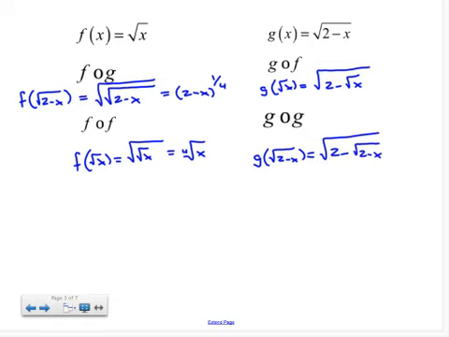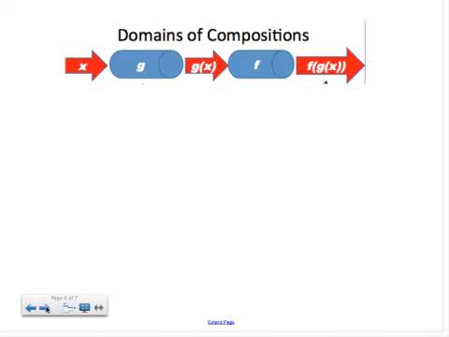Interesting compositions. Those aren't so bad, but what you really have to be focused on here is the domain of the final product. When you compose two functions, you're going to get this new function. And what's its domain? Well, here's the deal. Number one, you look for the normal restrictions on your final equation. So far those restrictions are dividing by 0 or having an even root of a negative number.